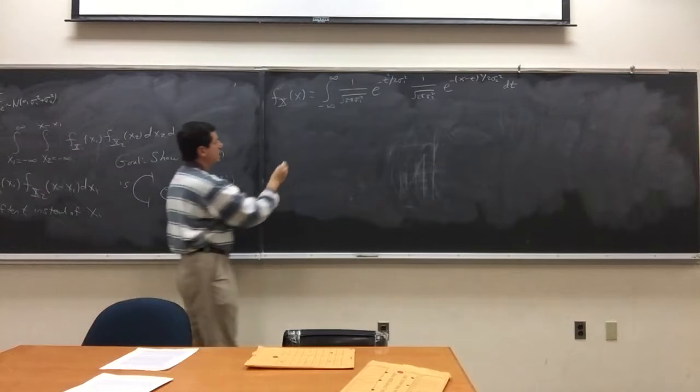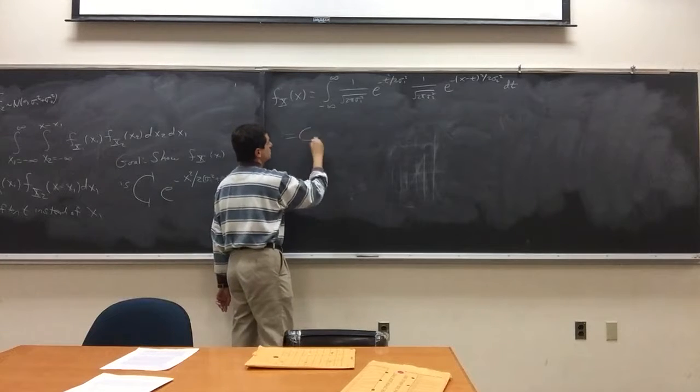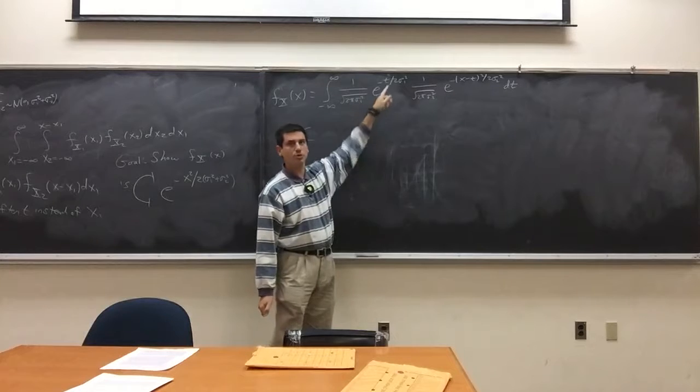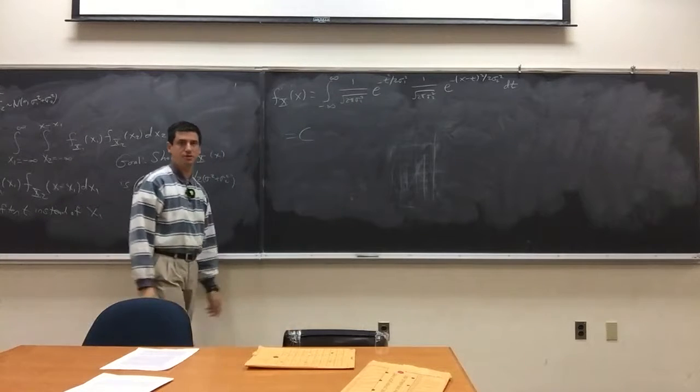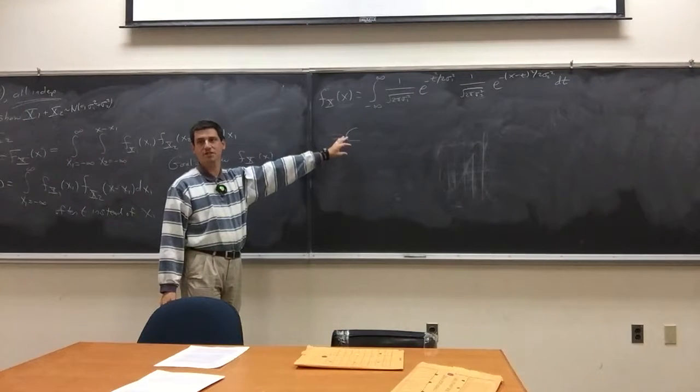Okay, so what I can do is I have some constant. I'm not going to bother writing what it is. It's 1 over the square root of 2 pi sigma 1 squared, 1 over the square root of 2 pi sigma 2 squared. Are people fine with me just writing c?